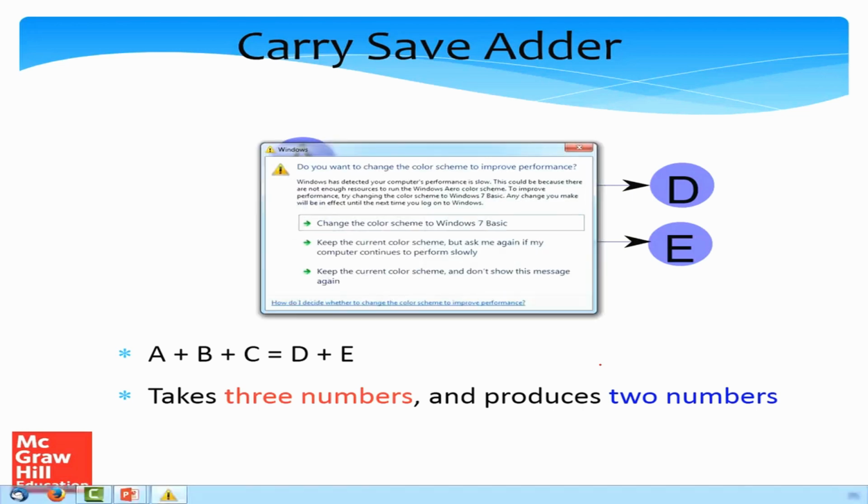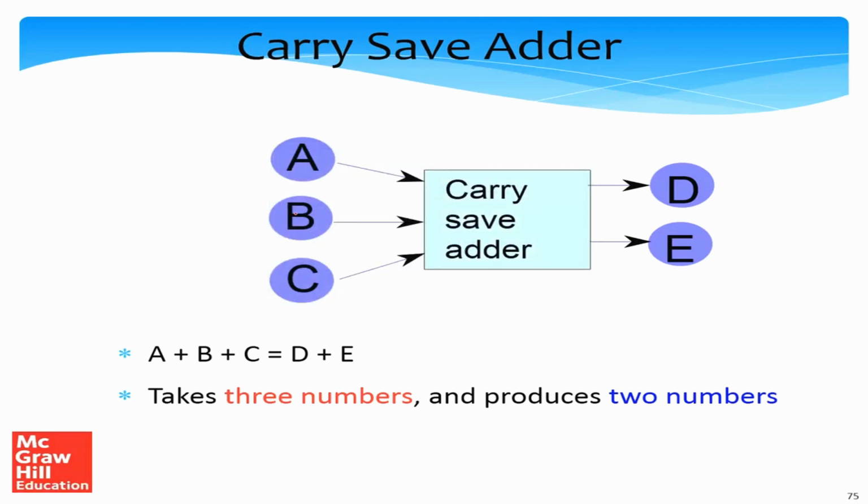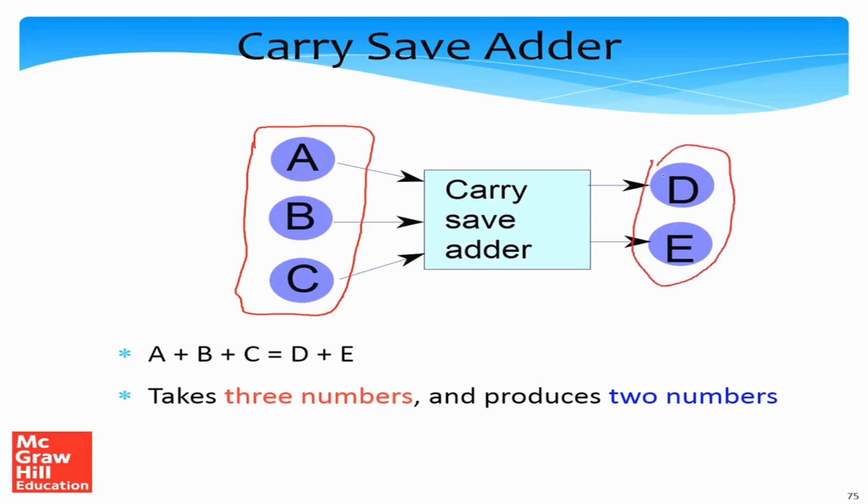What the carry save adder does is that it takes three numbers A, B, and C, and it generates two numbers D and E such that A plus B plus C is equal to D plus E. Essentially it takes three inputs, which are the three numbers, and it produces two numbers as output, such that the sum of D and E is the same as the sum of A plus B plus C.